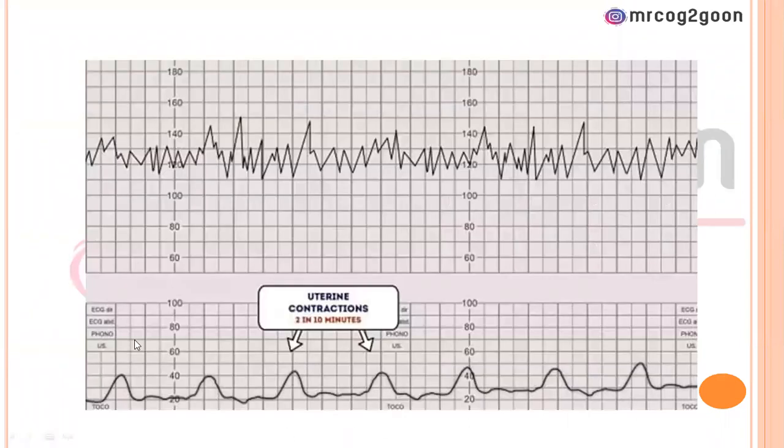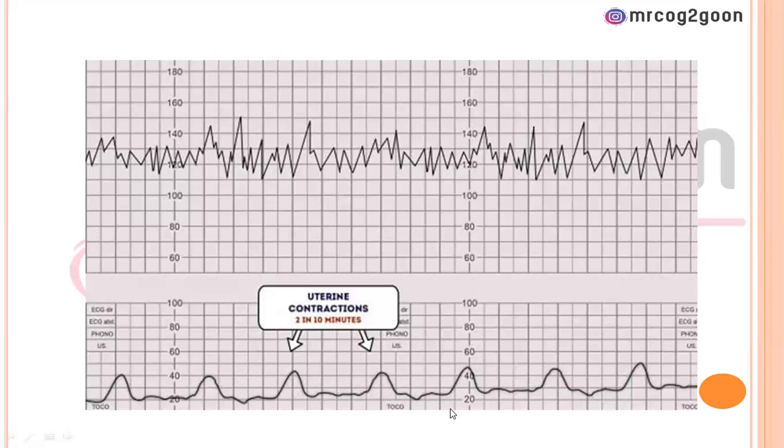This is a CTG. Every big square is 1 minute. So you have to check how many in 10 minutes. Let's go from here. 1, 2, 3, 4, 5, 6, 7, 8, 9, 10. So we have 2 contractions in 10.